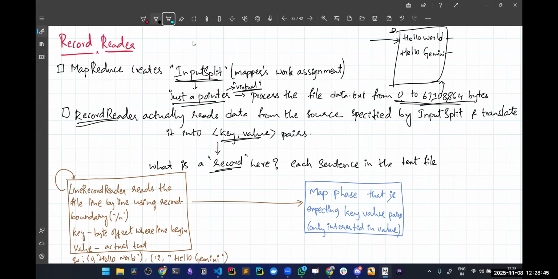This is what we are getting from the input split, this is what we have to read. So what the record reader does is, as soon as it encounters the newline character, backslash n, after each of these lines, it will turn this into key value pairs.